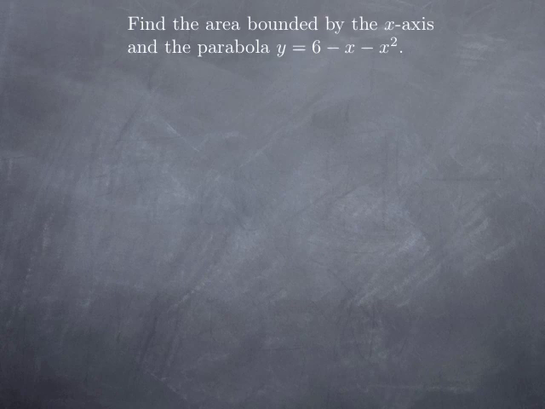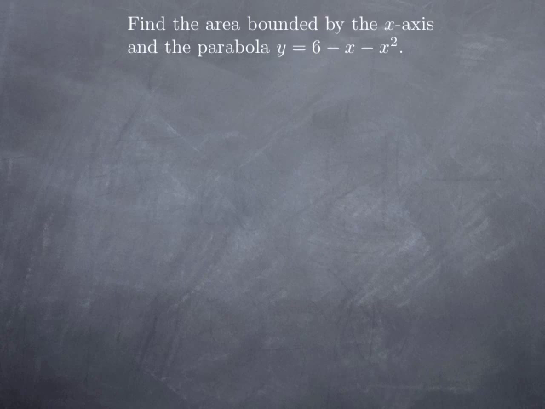Among the motivations to calculate these definite integrals was the problem of finding the area under the graph of a function, or various kinds of areas. So here we want to find the area bounded by the x-axis and the parabola of equation y equals 6 minus x squared. So this is a parabola that opens downward because the coefficient of the square is negative.